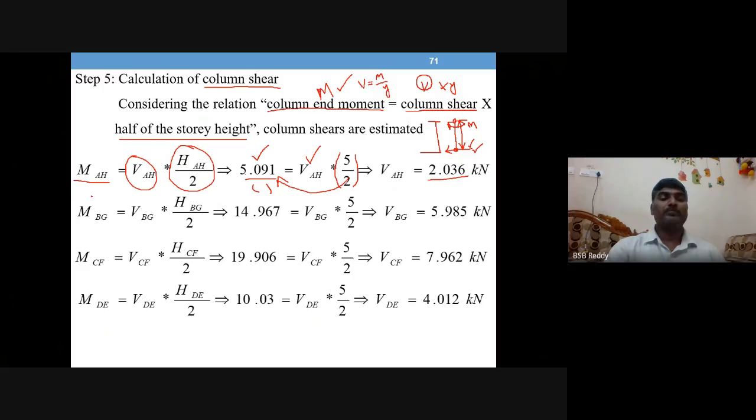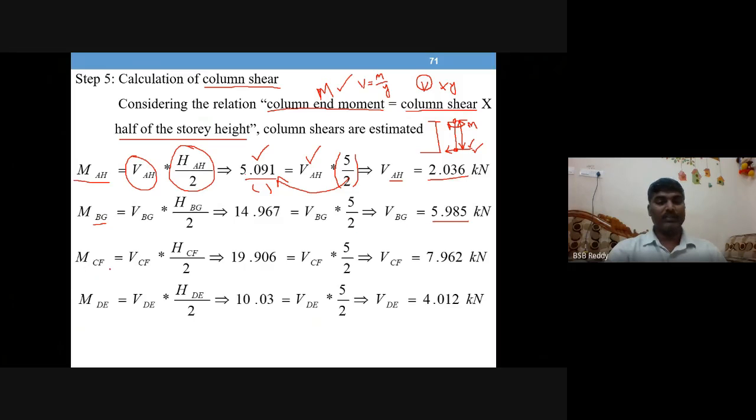Let us see the top story columns. As I said, 5 by 2 is 2.5. So this divided by 2.5, 2.036 is the shear force in column AH. Similarly, BG: 5.985 is the shear force in column BG.